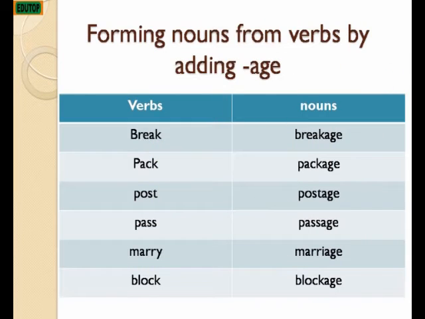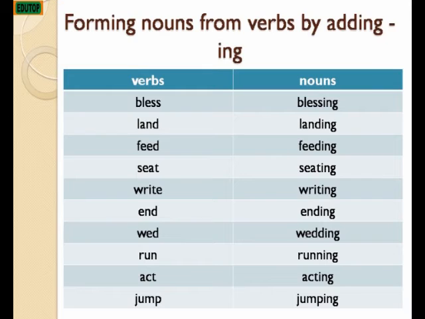Nouns can be formed from verbs by adding age as well. Examples: break, breakage; pack, package; post, postage; pass, passage; marry, marriage; block, blockage, and so on. Nouns can also be formed from verbs by adding ing.